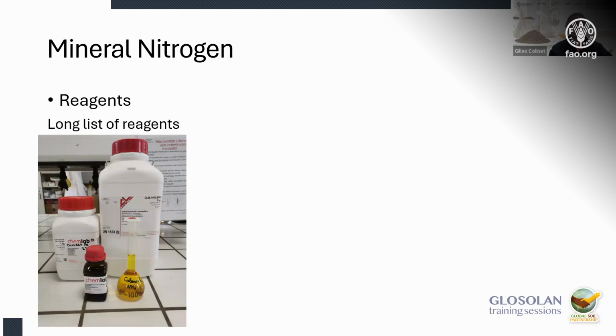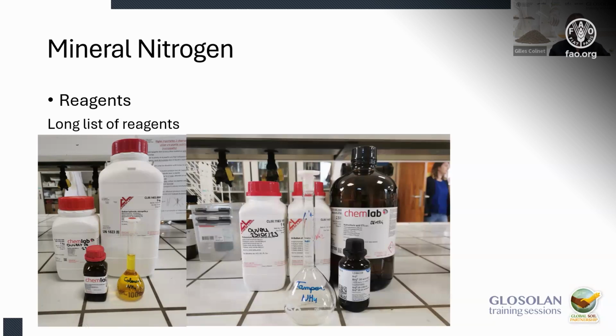In our procedure, there is a long list of reagents. Here you have 3 different reagents to make the coloration. You see it's a yellow coloration for ammonium. And you also need some reagents to push. It's the buffer solution, which will push the bubbles of yellow colored solution in the apparatus.